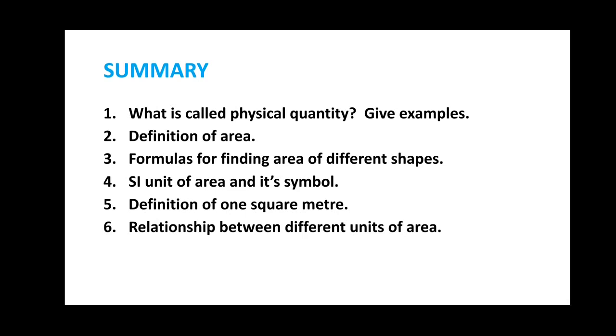Then we learned the smaller units. 1 millimeter square is equal to 10 to the power of minus 6 meters square, and 1 centimeter square is equal to 10 to the power of minus 4 meters square.